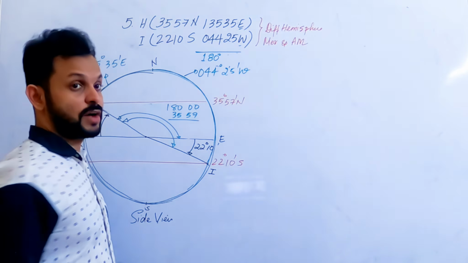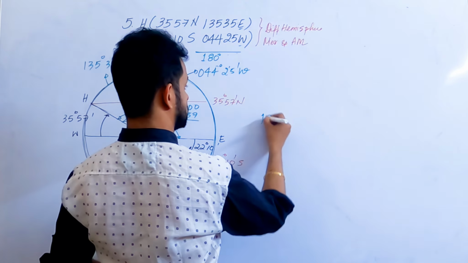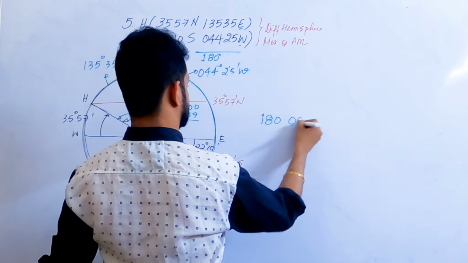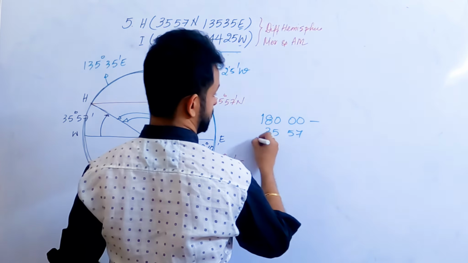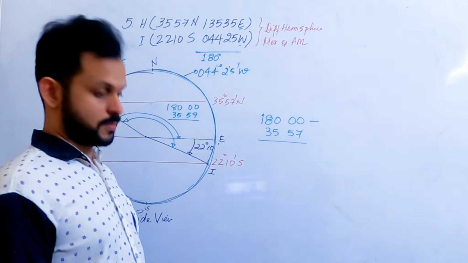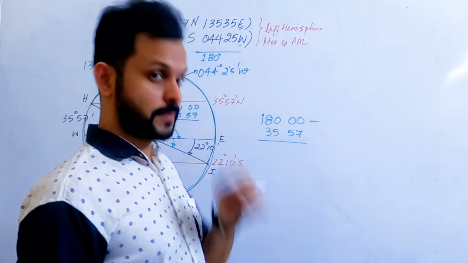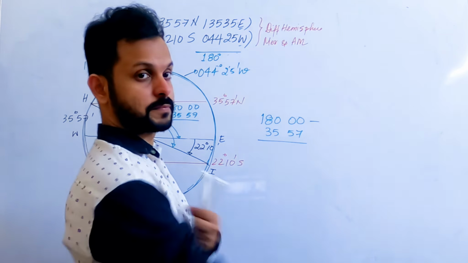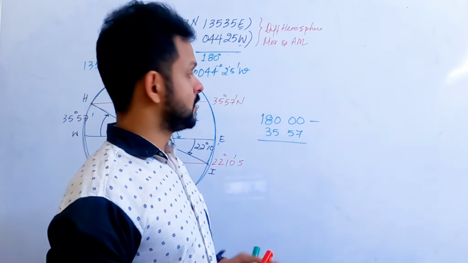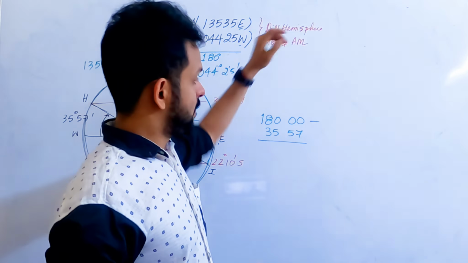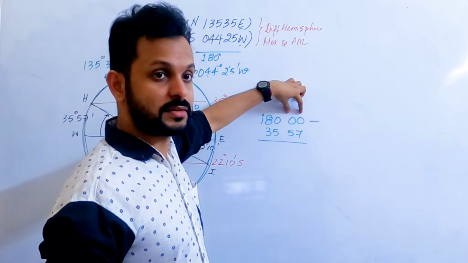How will you do it without a calculator? Without a calculator, it's 180. We have 0 minutes here, so we have to take one from the degrees.